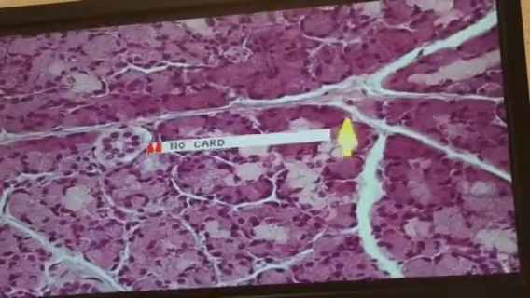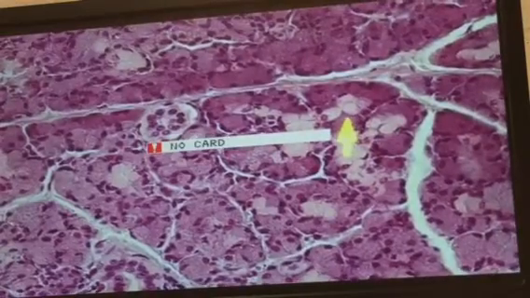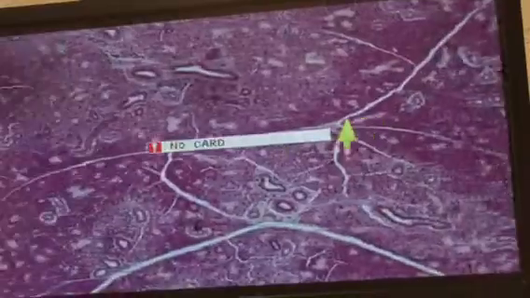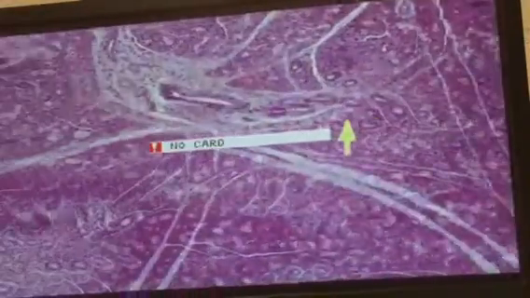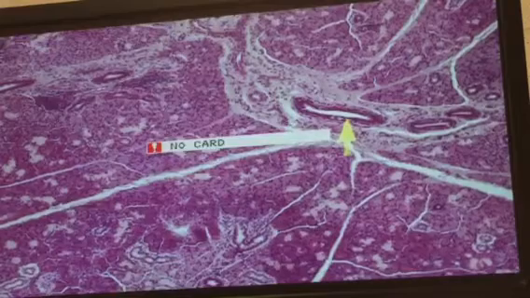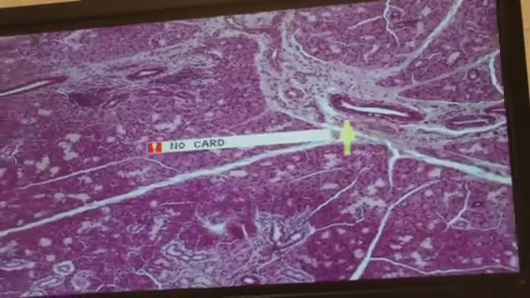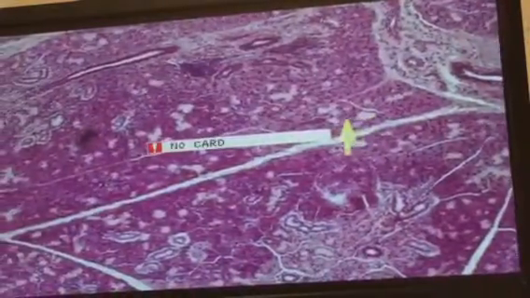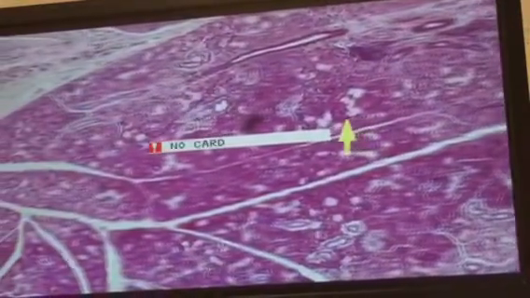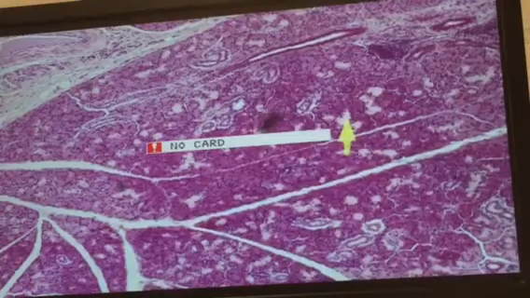And perhaps over here and over there. And right there is an interlobular duct with that stratified columnar epithelium. And more mucus-secreting acini. And some serous demilunes. Okay, so that's submandibular.